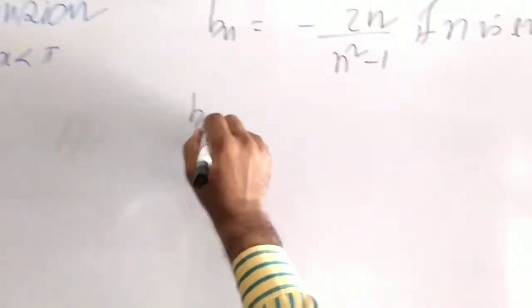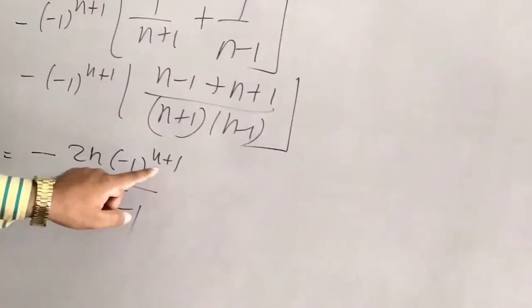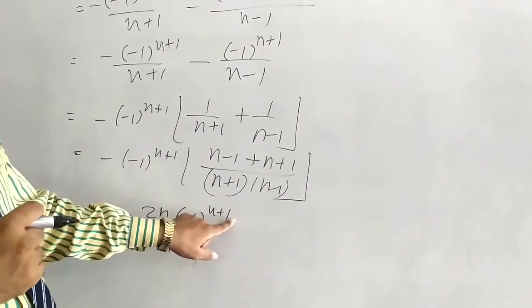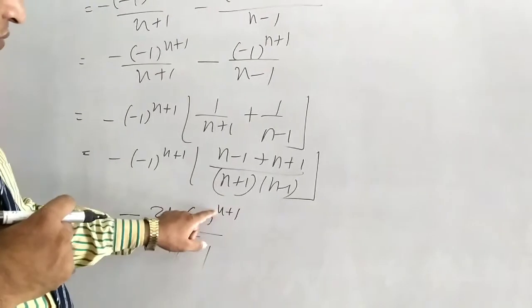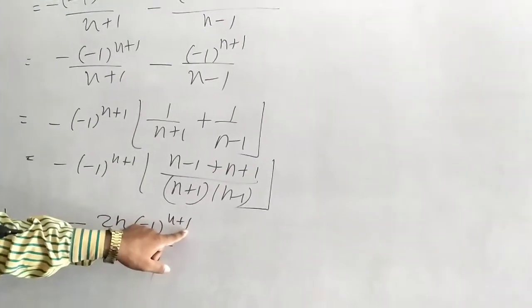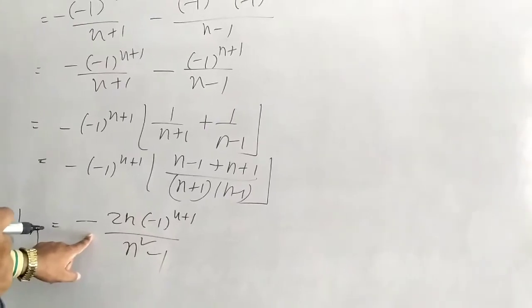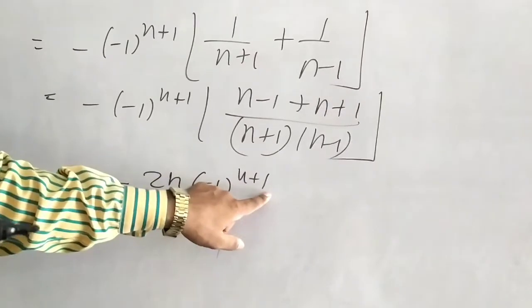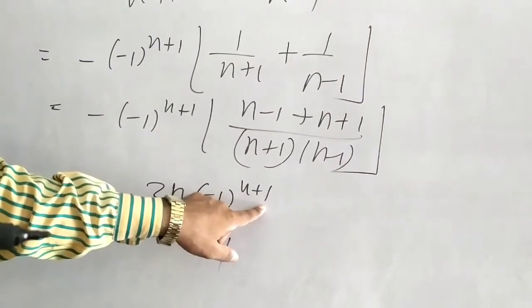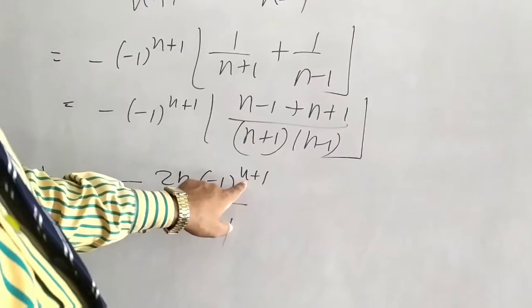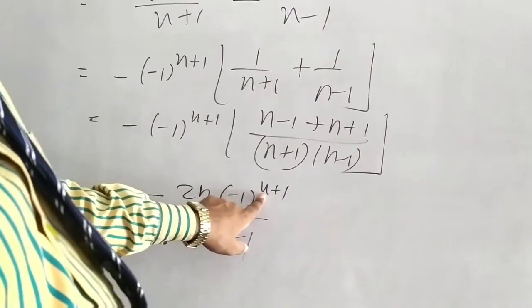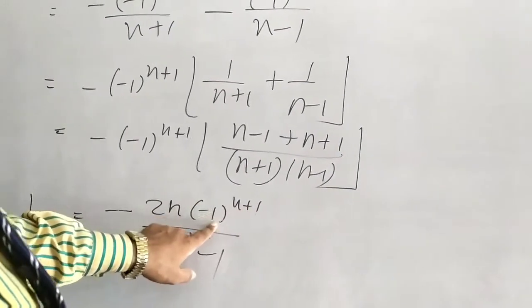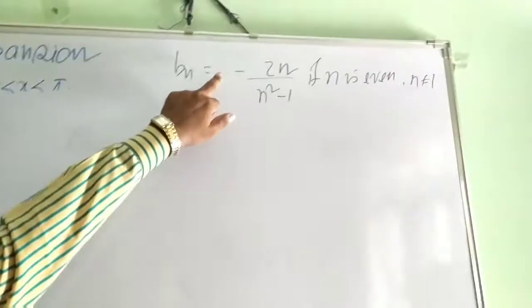So again we get Bn equal to, here we get, if this is odd, suppose 3, 3 plus 1 is 4. If it is 4, then minus 1 to the power 4 means plus 1, we get minus twice. So if n is even, I recall this, n is even means suppose 2 plus 1 is 3, then minus 1 to the power 3 means minus 1, that minus is plus, we get this will be plus.